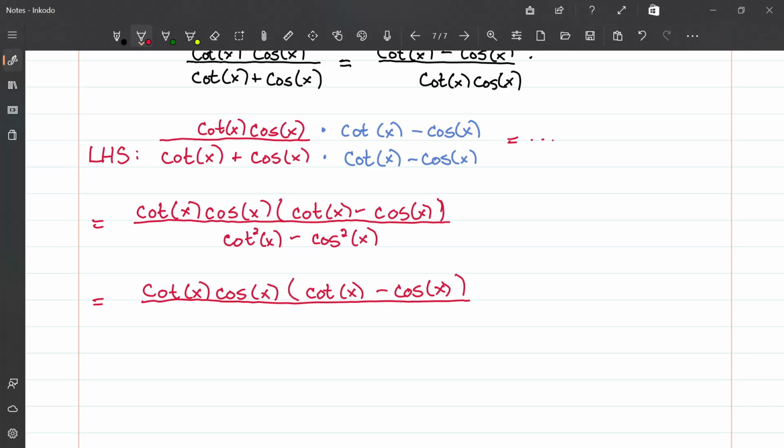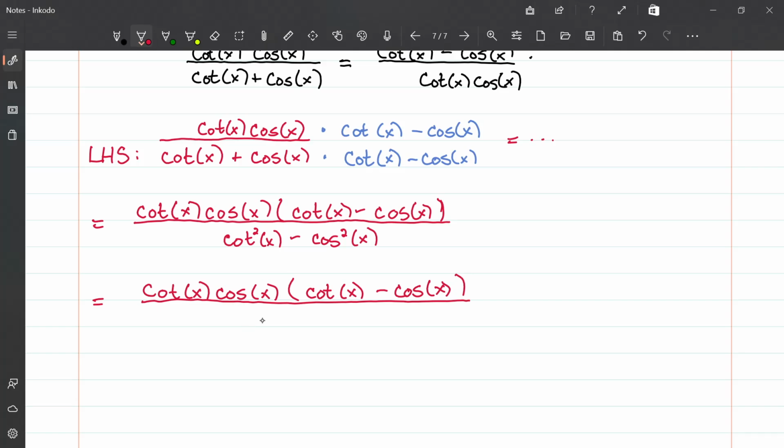I could do it to the whole fraction, but in this case, I think the part that I really want to work with is just going to be the denominator. I'm hoping, because the top already has this cotangent minus cosine part, that maybe I can simplify the denominator, and then by doing so, I'll get a clue about what to do next.